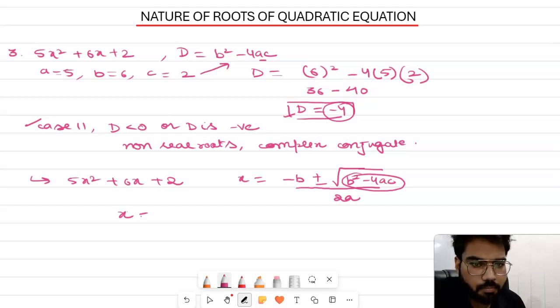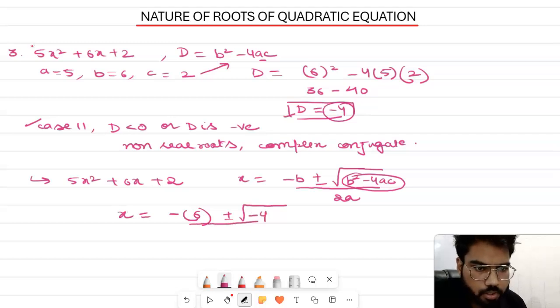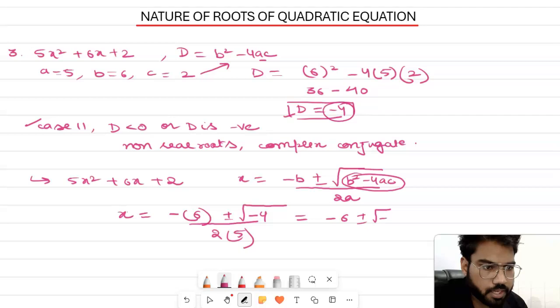Now x is equal to minus b. Here b is 6. So minus of 6 plus minus under root b square minus 4, which is minus 4, upon 2 into a. A is 5. So 2 into 5. Now this will become minus 6 plus minus under root minus 4 upon 10.